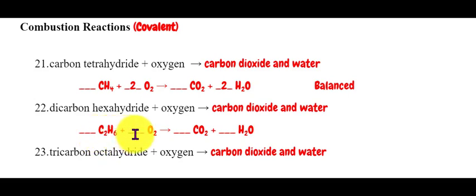So now I need to balance it. There's 2 carbons here, there's only 1 here, so I'm going to make 2 carbons. There's 6 hydrogens, there's only 2 here, so I'm going to make 3 on this side.